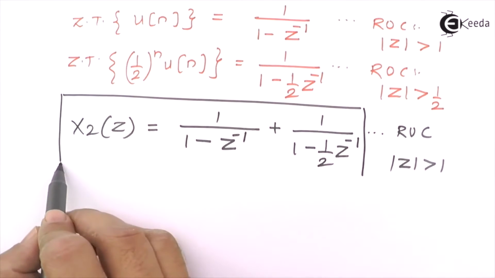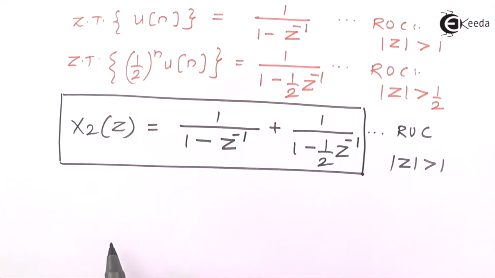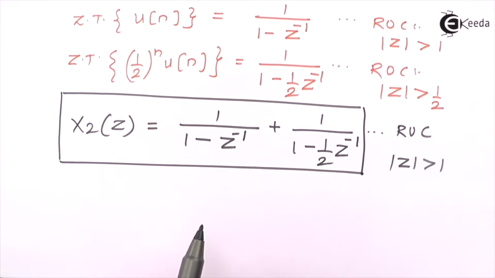So here we are getting x2(z). Remember, along with the convolution, all the properties are getting tested.